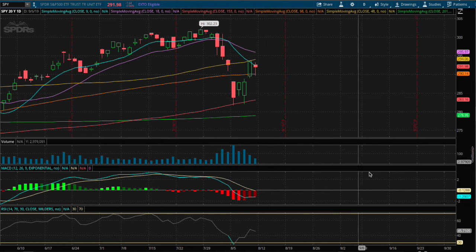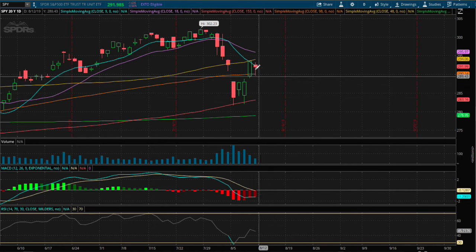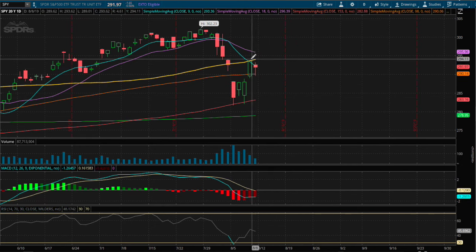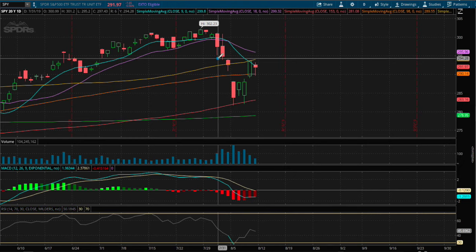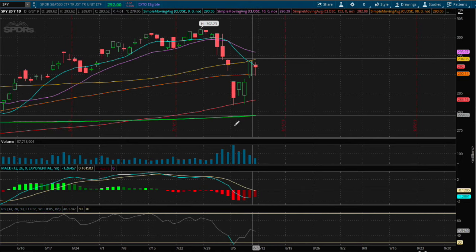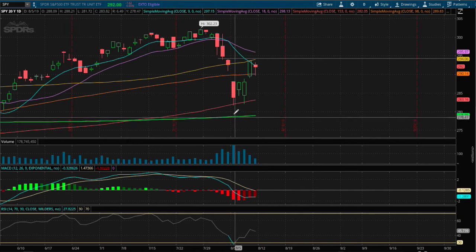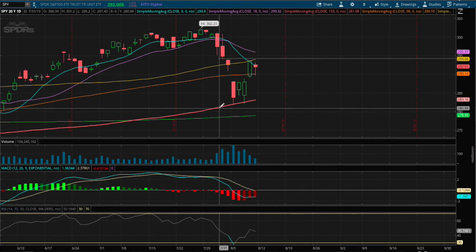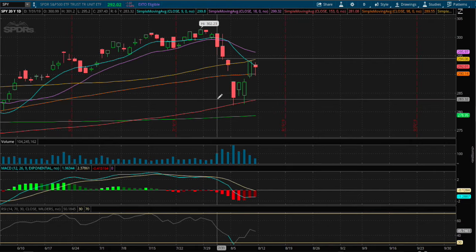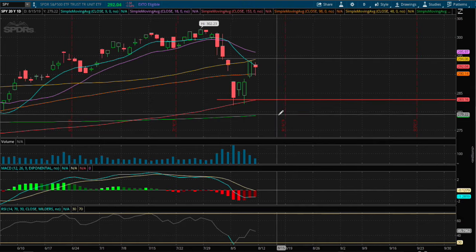So at the moment, one could say resistance is at the 50-day moving average, or right at the price of $294.30. And as for support, we found support back in the 200 moving average right there, and at the price of $283.